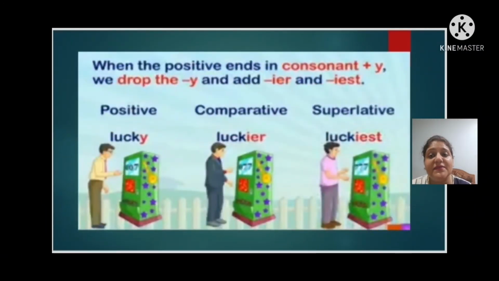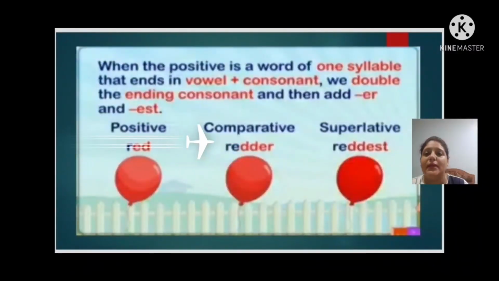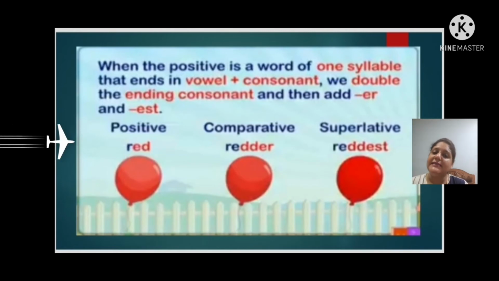When the positive ends in consonant plus Y, we drop the Y and add IER and IEST. Example: lucky, luckier, luckiest. When the positive is a word of one syllable that ends in vowel plus consonant, we double the ending consonant and then add ER and EST.